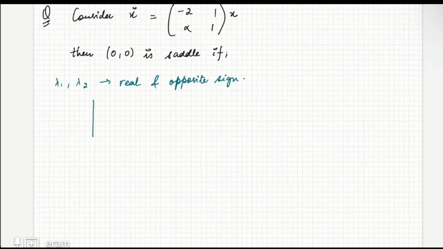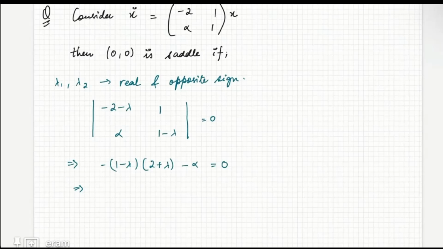We have to work on the determinant of the matrix [-2 - lambda, 1; alpha, 1 - lambda]. This will give us the characteristic equation, and then we will have a quadratic equation in lambda.